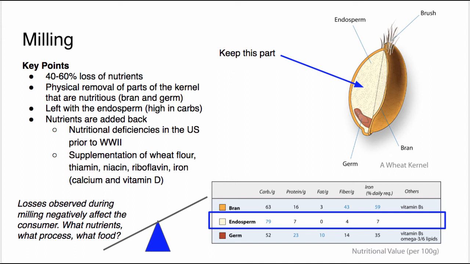When we look back at what we previously discussed in terms of thinking about the processing technique, the specific nutrient, and the specific food product, and evaluating those things, at this point in time after World War II, it was looked at and they went, okay, processing technique milling, we look at all of these nutrients, thiamine, niacin, riboflavin, iron, we're losing these greatly during the milling process.